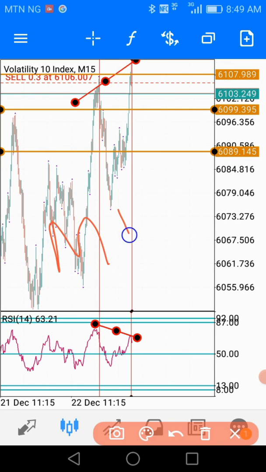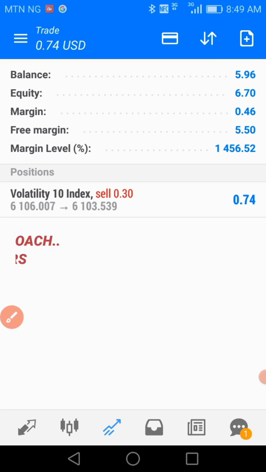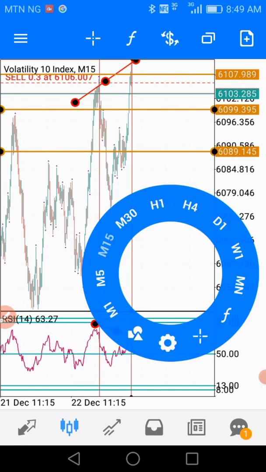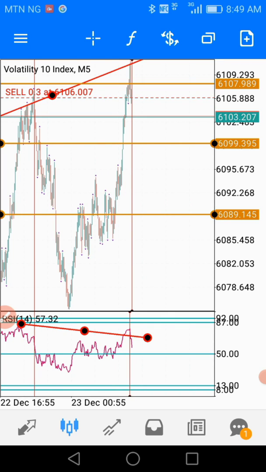This is the 15 minutes time frame where the divergence is actually playing out, and I'm going to look for alignment, to see if it's playing out on any other time frame, either below or above 15 minutes. Let's check 5.